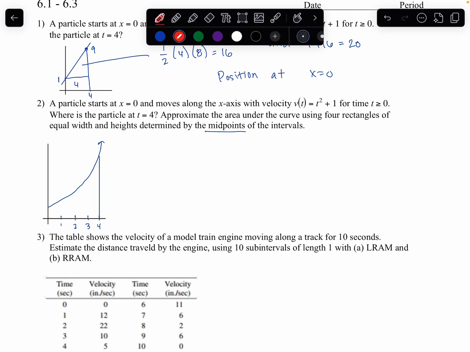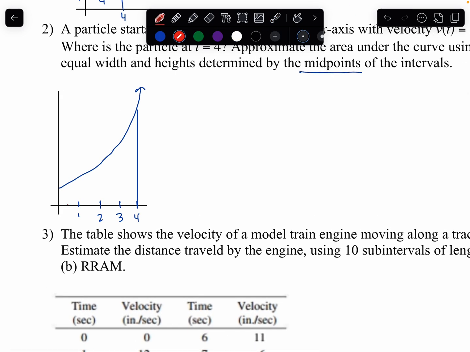So what that means is that the midpoints of these intervals are going to be the heights of our rectangles that we're using. And our rectangles are going to look accordingly, so they'll look like that right there. So that will be the height of that rectangle, and then the height of our rectangle will be right there.